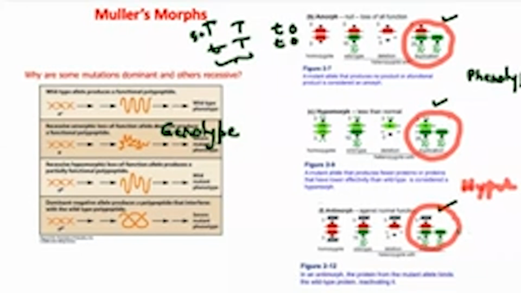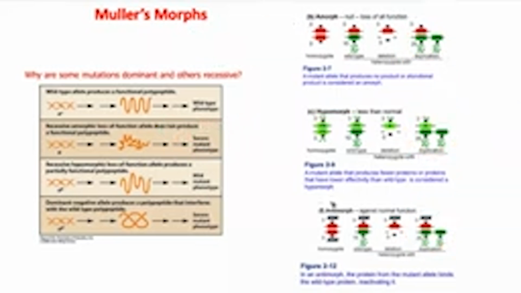So hypermorph, antimorph, hypomorph. Can you explain hypomorph once more? Yes, sir. Okay, let me try it in a different way. If this is an XY plot, this is activity. One is a wild type, and this is what the normal activity is.